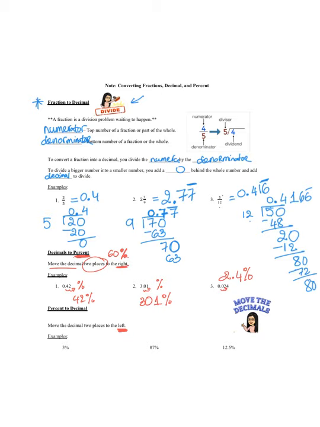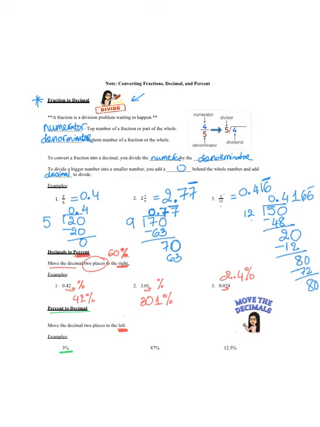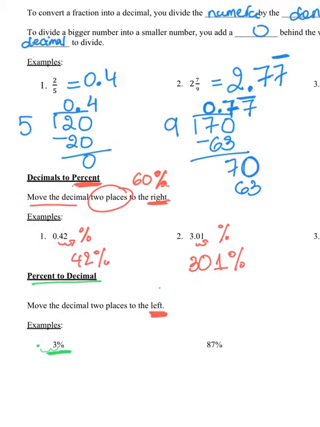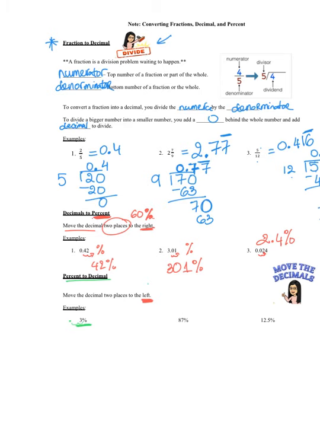Now you move the decimal 2 places to the left so you can convert percent to a decimal. If we have 3%, move 2 places to the left, 1, 2. Make sure you fill in the 0.